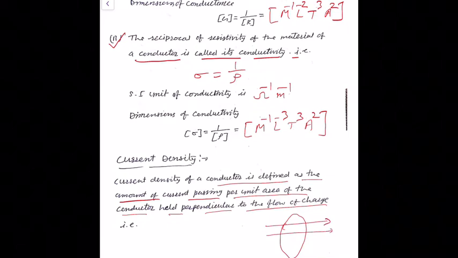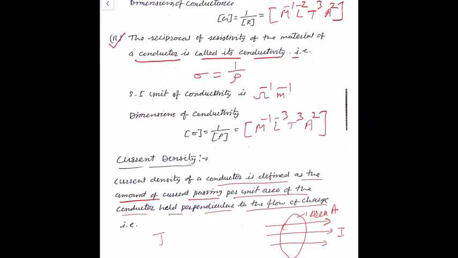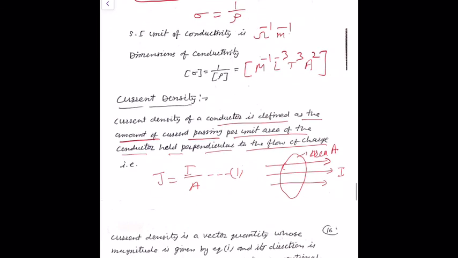It is current I, it is area A. So that is J is equal to I upon A. It is equation first.